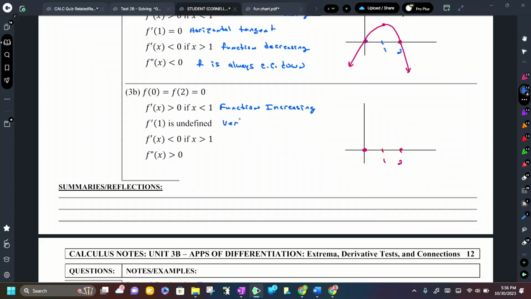So this would be a vertical tangent line. So we should draw something in here when we get to 1 that gives us that vertical tangent line. And they say that f prime of x is less than 0 if x is greater than 1. So if our derivative is less than 0, that means my function is decreasing.